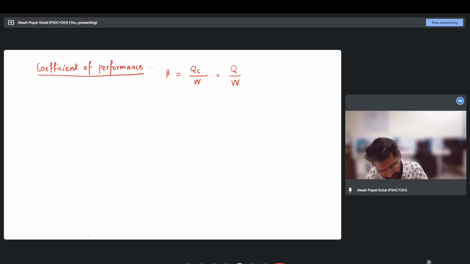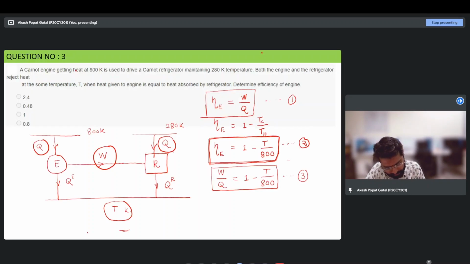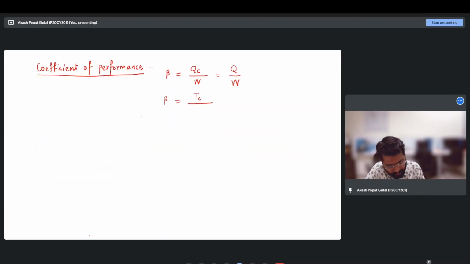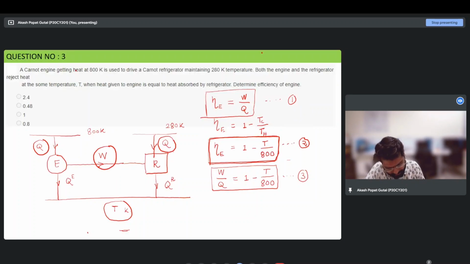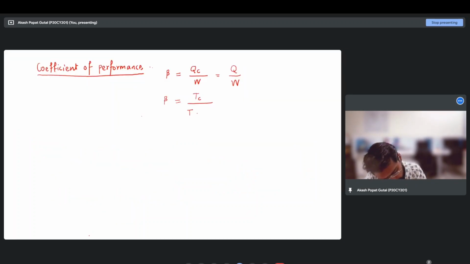Another equation we can write is beta equal to QC, which in terms of temperature is proportional to TC, divided by the work, which is nothing but QR minus Q, proportional to the temperature T minus the temperature of the cold reservoir.